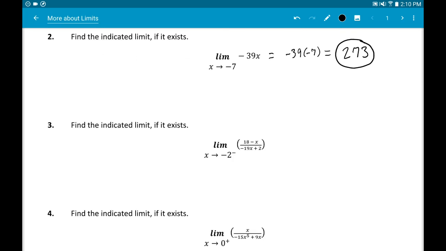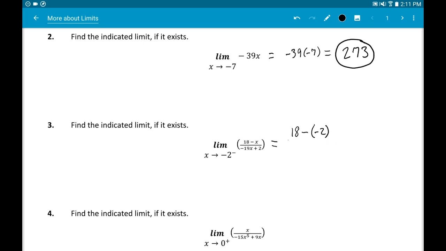Okay, let's keep going here to number 3. The limit as x approaches -2 from the left of (18 minus x) over (-19x plus 2). Okay, same idea again. If we can plug in a number and it spits out a number, we're finished. So let's try that. So let's plug in -2. So 18 minus x is 18 minus (-2).